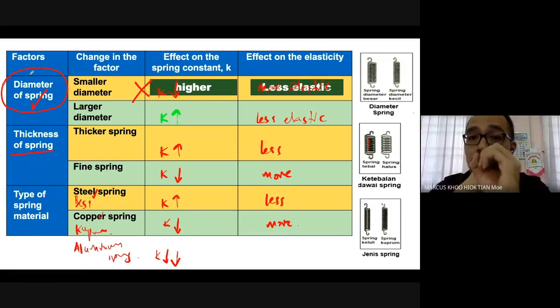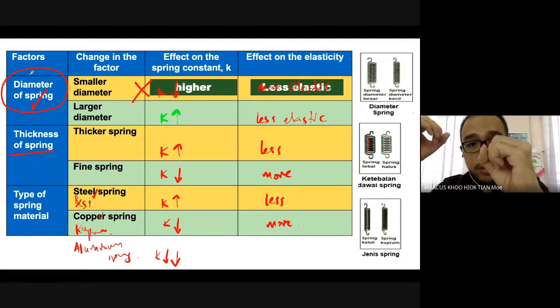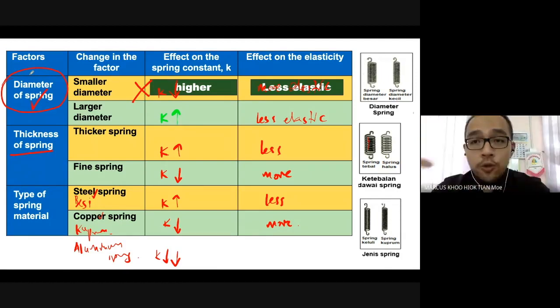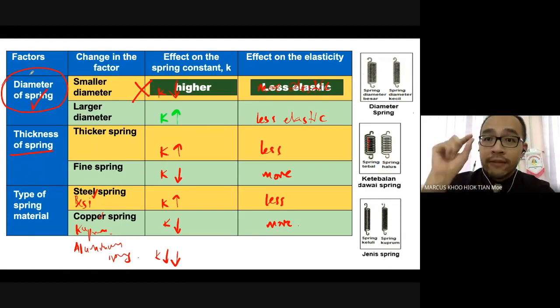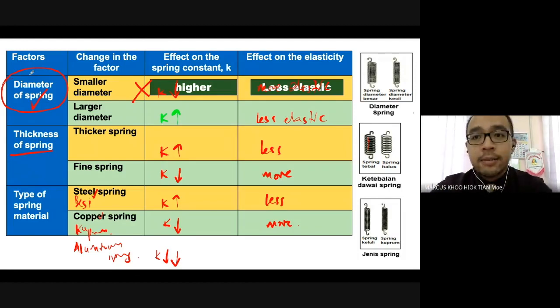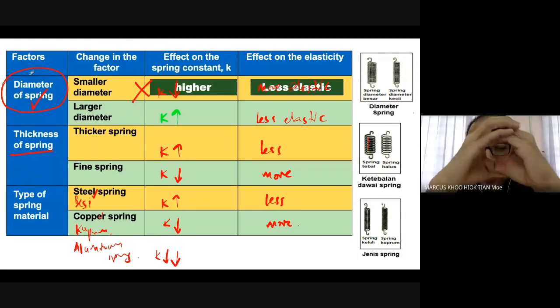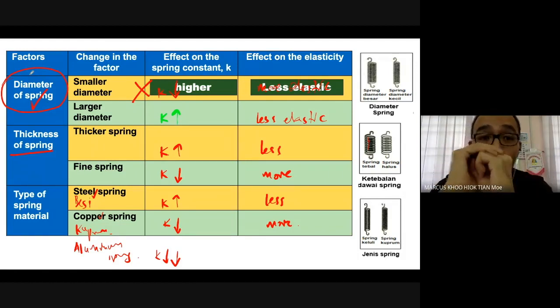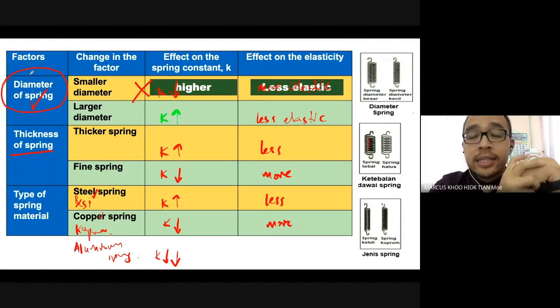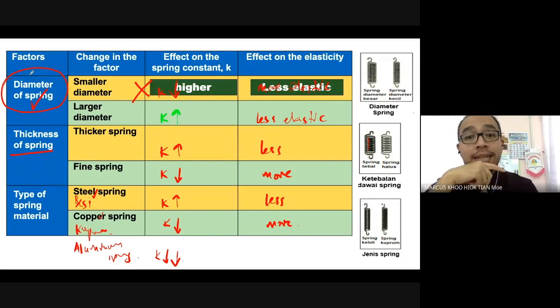The smaller the hole, assuming that both springs have the same thickness, dia punya wire jenis sama, cuma bezanya adalah lubang spring itu. When the spring has a smaller hole, it is actually stiffer, dia lebih keras. So the spring constant is higher, but the problem is it is less elastic.